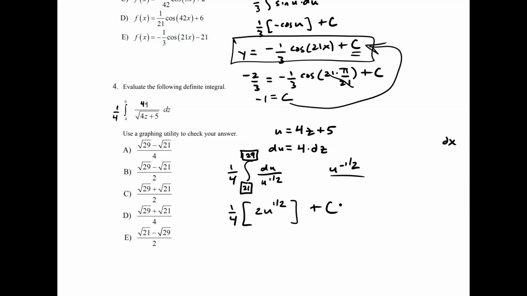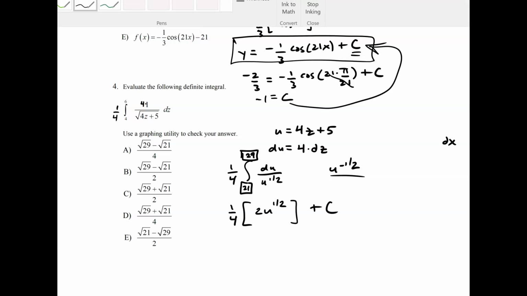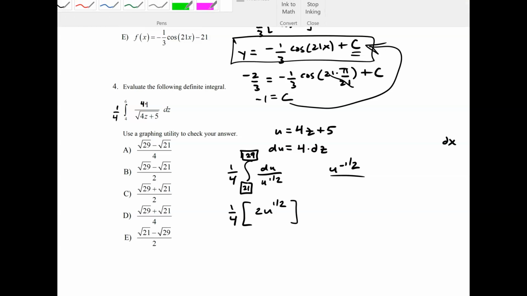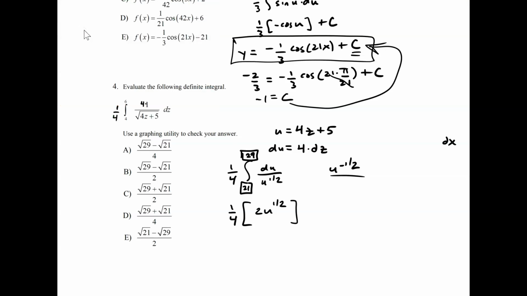And then we would say plus c. And don't forget to, whoops, I'm sorry, we don't want to say plus c here. This is not an indefinite integral. This is one where we are evaluating. So let's evaluate this going from 29 down to 21.